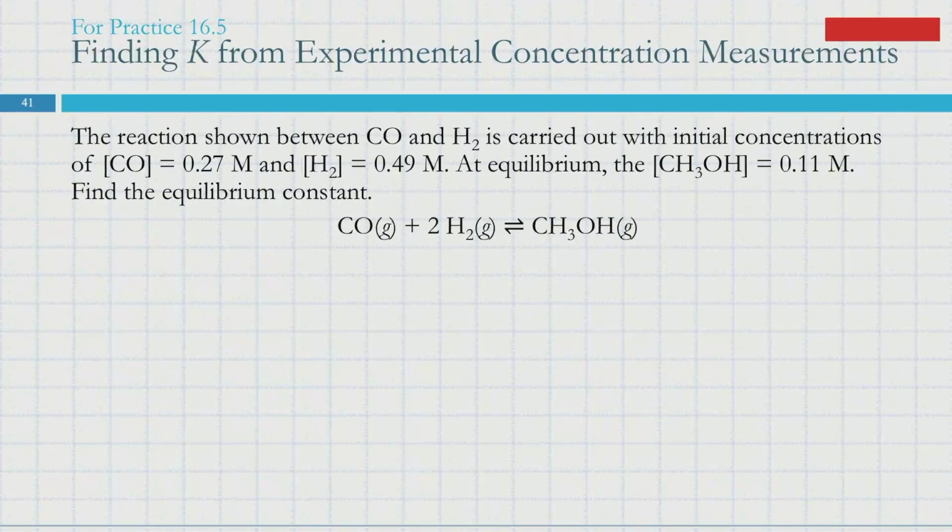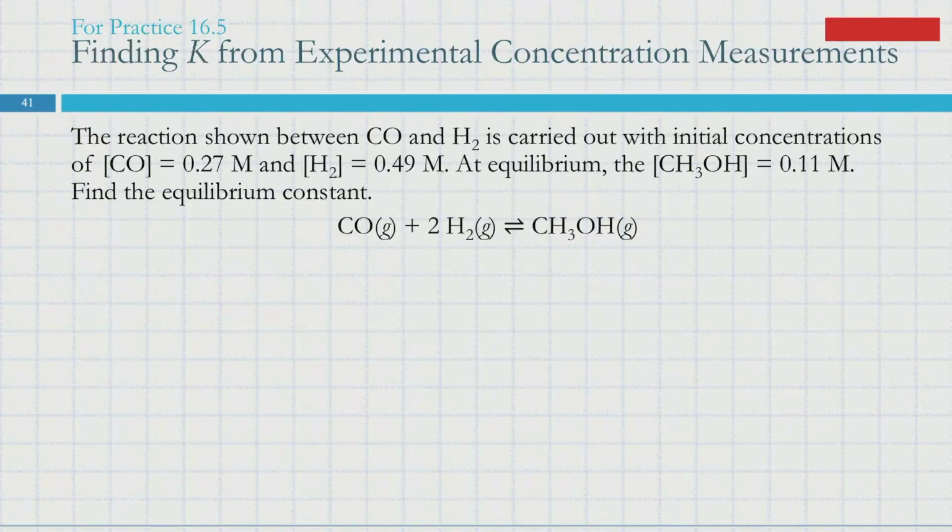The reaction shown is carried out with initial concentrations of CO and H2. At equilibrium, the concentration of methanol is 0.11 molar. Find the equilibrium constant. So this is another instance where we'll use an ICE table.